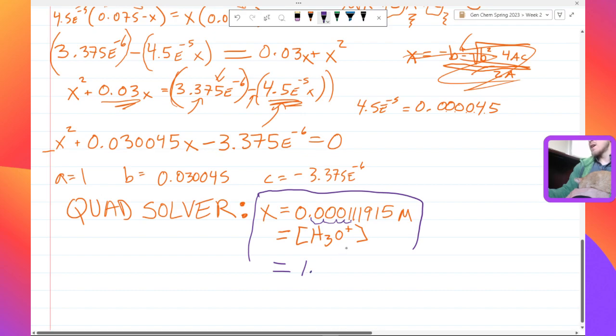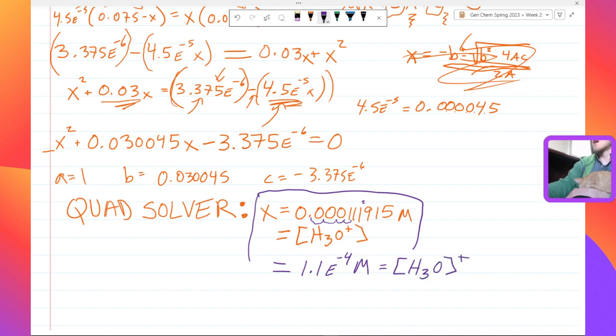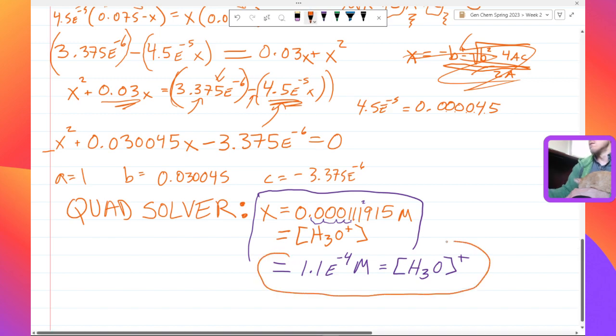And we only had 2 sig figs, so I could round this up to 2, but that's still 1.1. So we're just going to say 1.1 times 10 to the minus 4 molar equals the concentration of hydronium ions in the conditions that we were provided with. And there we go. That's the answer for that.